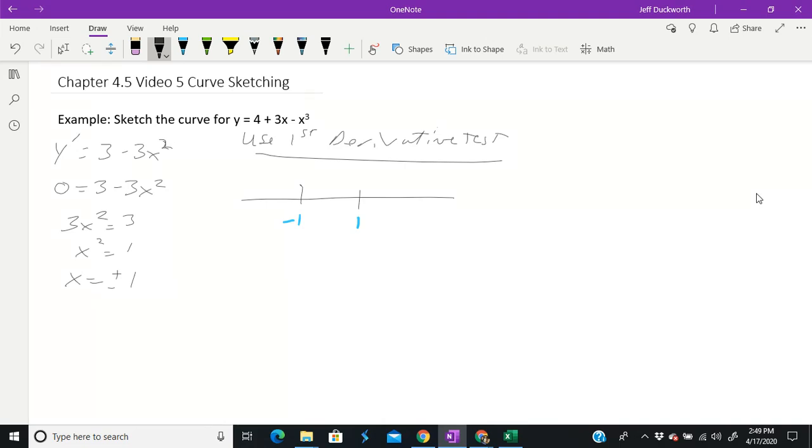I'm going to look for y prime values in each of these three spots. So I'm looking for a value of the first derivative below -1, in between -1 and 1, and above 1. So less than -1 is -2. That'll be fine. You can put any number less than -1, but -2 shouldn't be too bad.